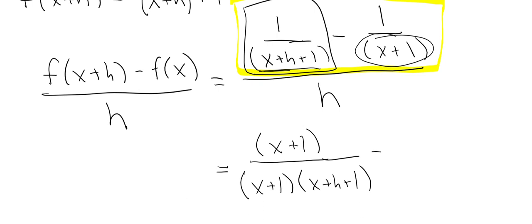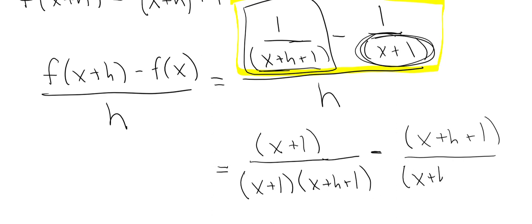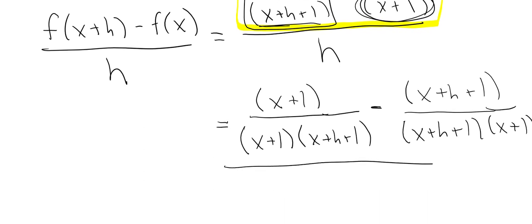I'm going to do the same thing over here. I notice over here I have the x plus 1, but I don't have the x plus h plus 1. And so by doing this, again, another fancy 1 right here, times x plus 1. By doing this, I've now created a common denominator. And of course, I do have divided by h here.